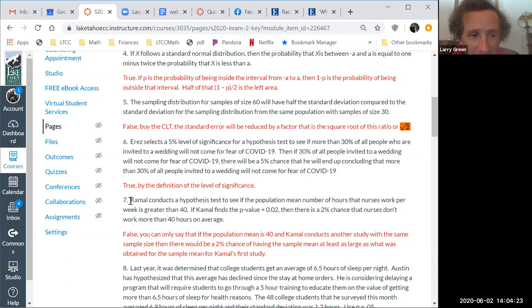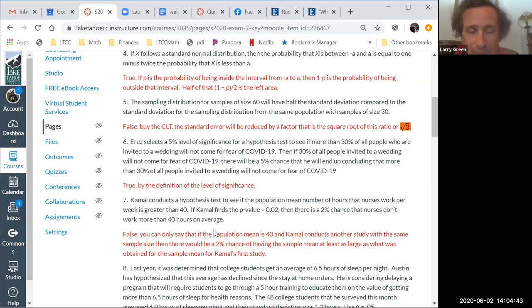Okay, let's look at number 7. Kamal conducts a hypothesis test to see if the population mean number of hours that nurses work per week is greater than 40. If Kamal found the p-value to be 0.02, then there's a 2% chance that nurses don't work more than 40. That's not what the p-value is.